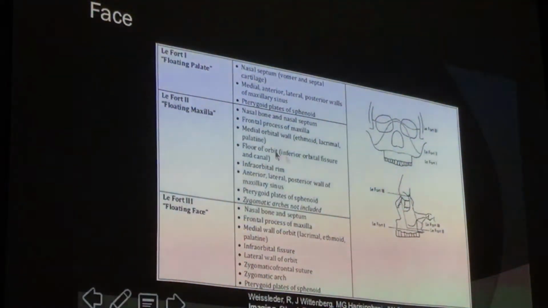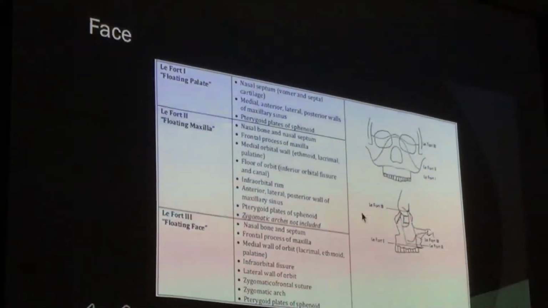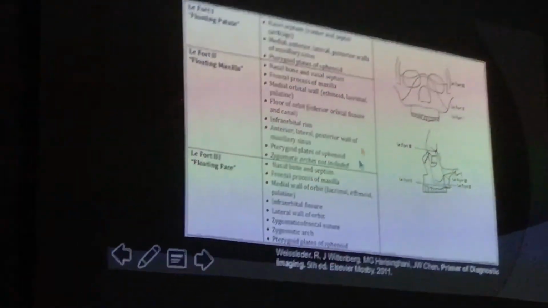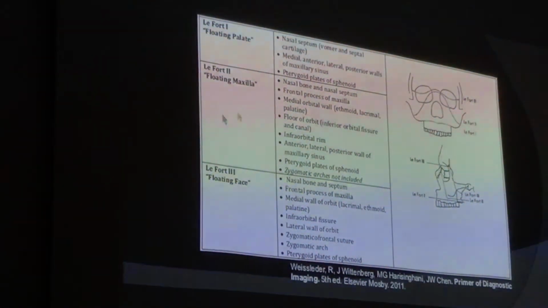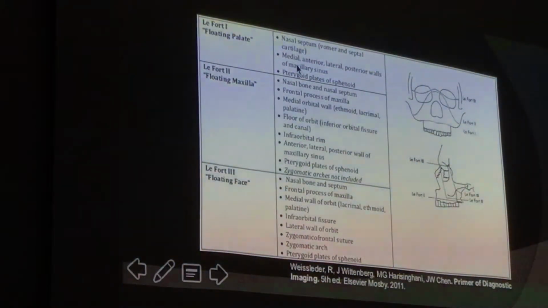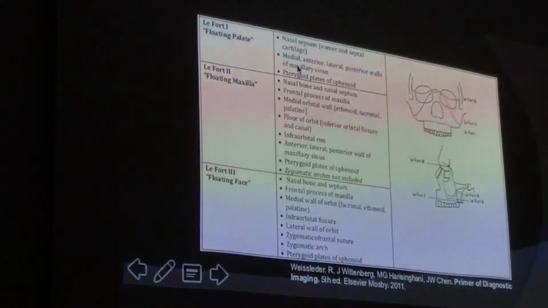Personally, I won't really give this example with regards to which individual bones are involved. But these can come out in medical exams with regards to which is floating palate, floating maxilla, and floating face.